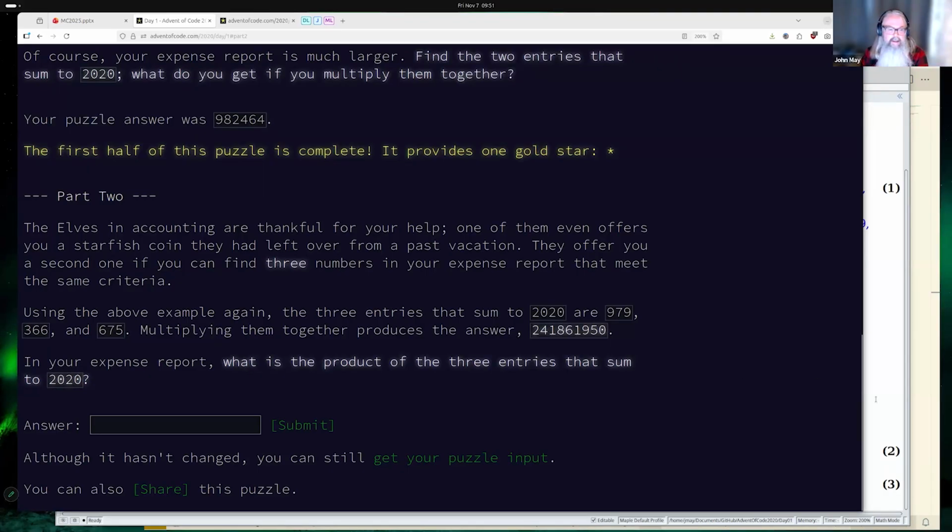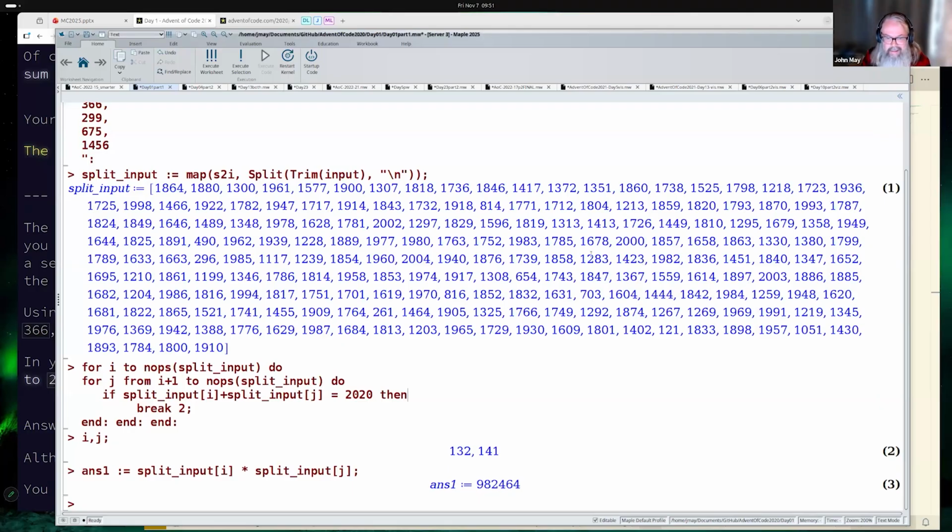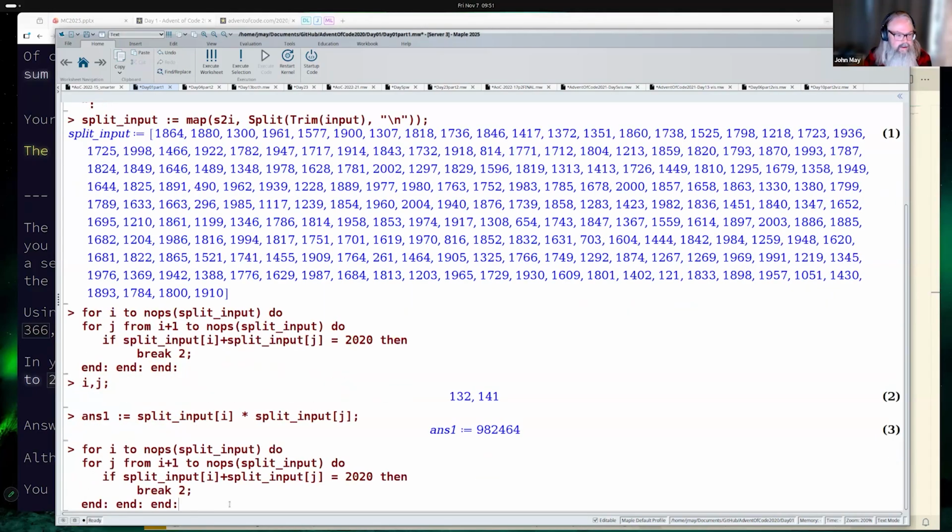So fortunately, this is actually, in the grand scheme of things, a very, very tiny list. So we can just take our old answer and add another loop. And so we'll just do that.